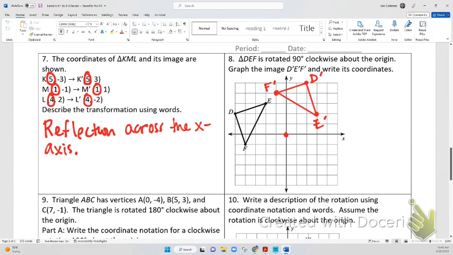So just trust me when I tell you that this is what it looks like when you rotate it 90 degrees clockwise. Okay? Once again, tomorrow on the test, I will be giving you guys patty paper just so you guys know. But this is the new D, the new E, the new F, because it also tells me to write the coordinate points for it. It's at 2, 5, 3, 2, at negative 1, 4.